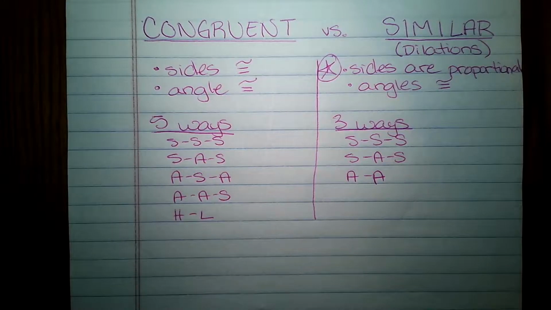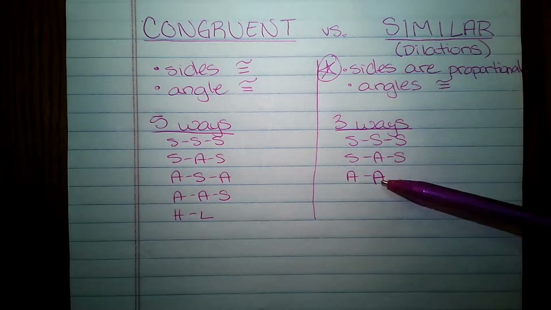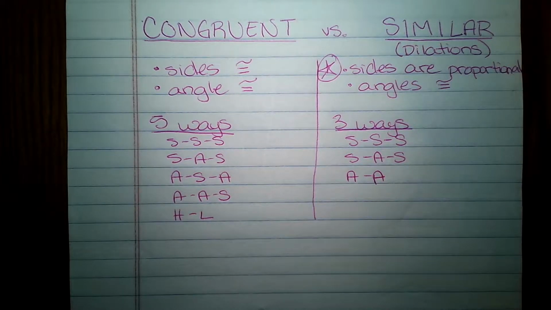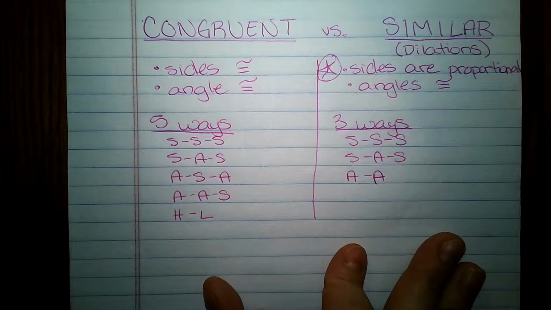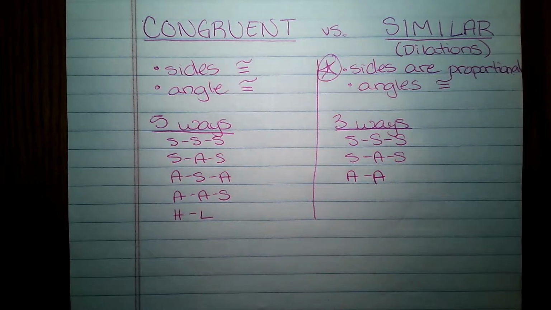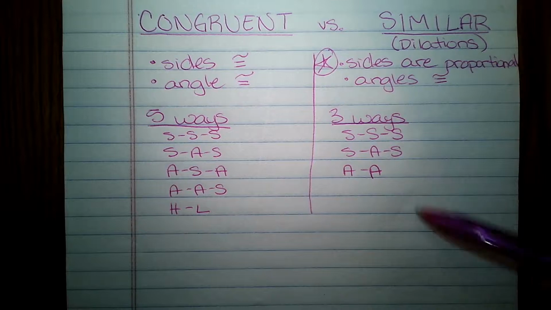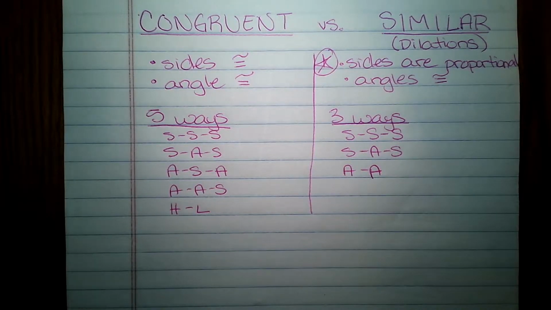The other thing to notice is I'm only talking about 2 angles. We don't have to know the third angle measurement. So this is our similarities and differences between congruent and similar triangles, okay? Now let's start looking at these 3 shortcuts or 3 ways to prove that 2 triangles are similar.